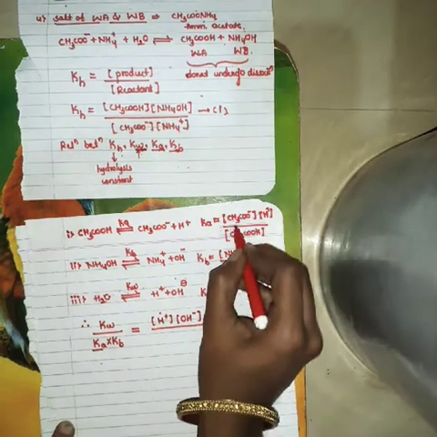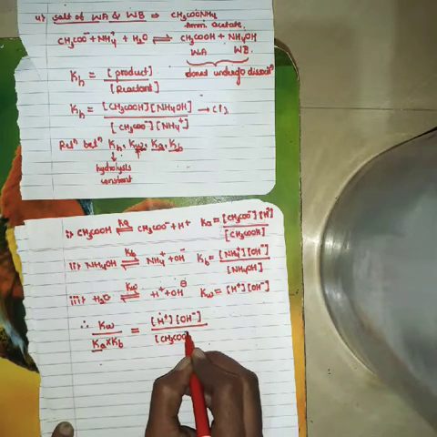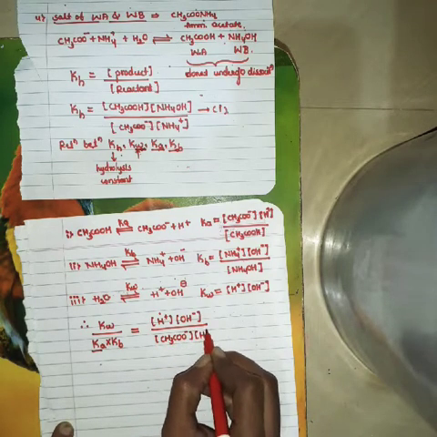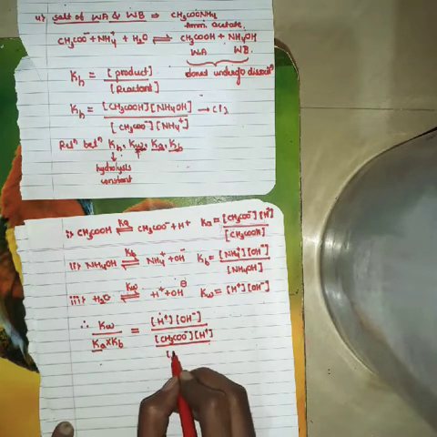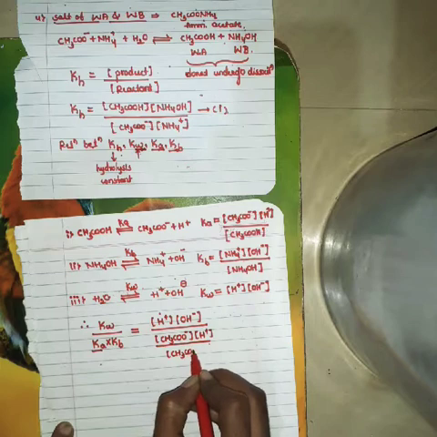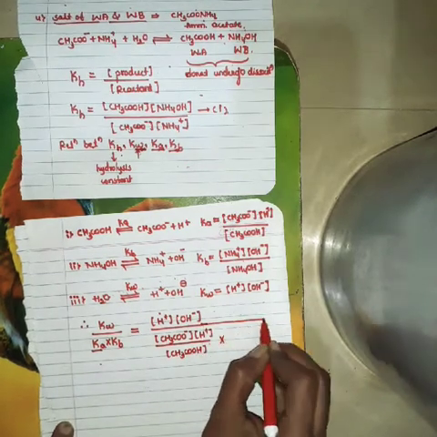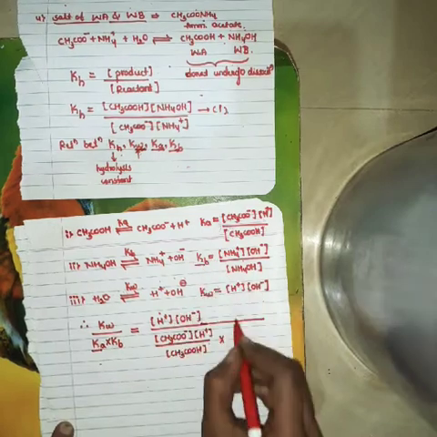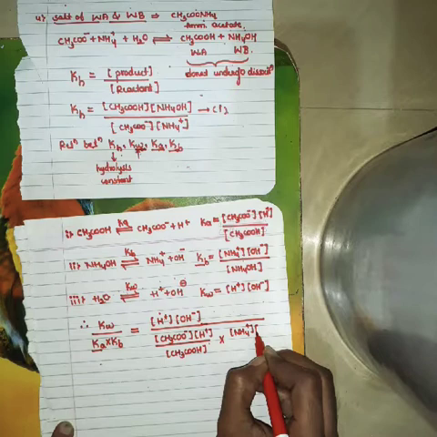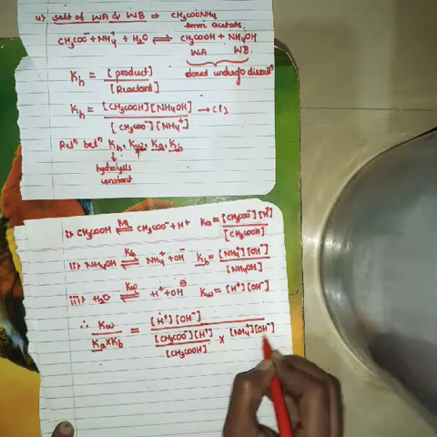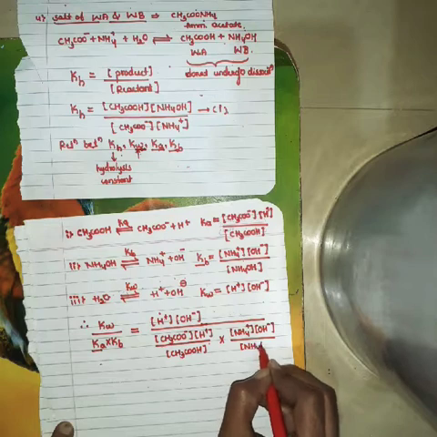Ka means this side: CH3COO minus and the concentration of H plus, divided by the concentration of acetic acid. Into Kb, which is this equation: concentration of NH4 plus and concentration of OH minus divided by the concentration of NH4OH.